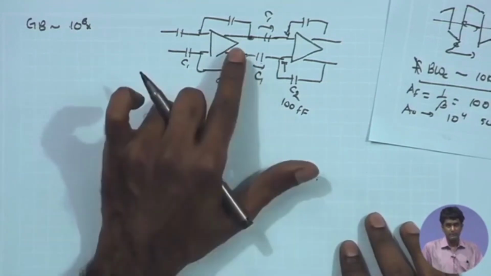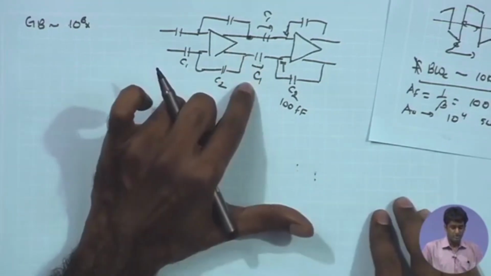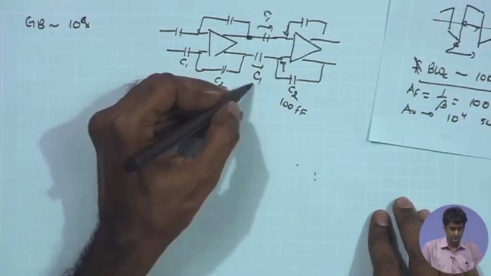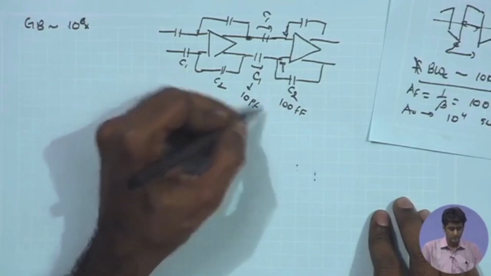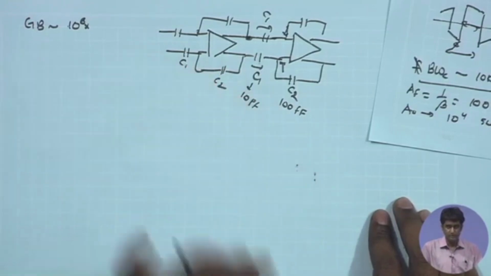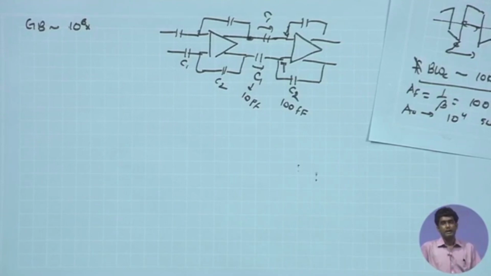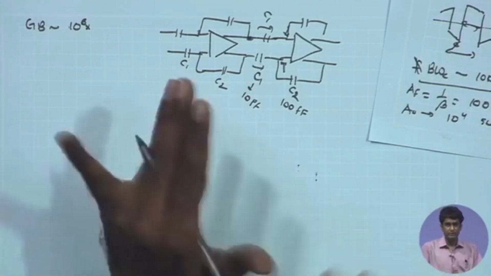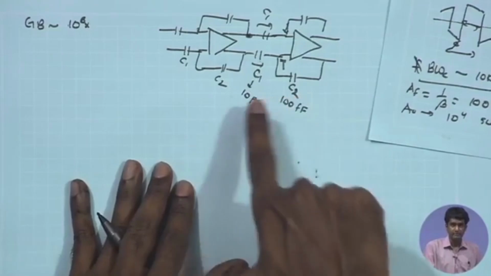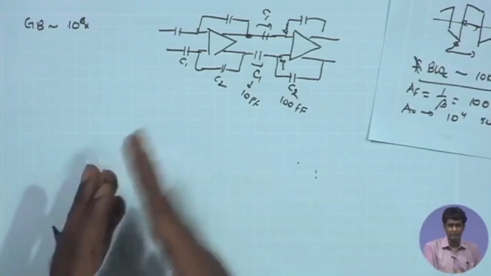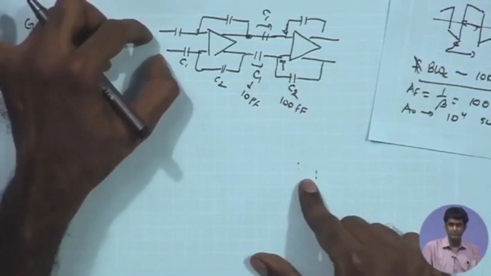And then you have C1, which again needs to be 100 times C2, therefore we can keep this of the order of 10 picofarad. So it will be within a few picofarad to 10 picofarad. That is the expected range of C1. And in the beginning, we have also discussed that at least for the second stage, we may need to keep C1 programmable or tunable, because we may need to adjust the gain of the overall amplifier depending upon the input signal strength.